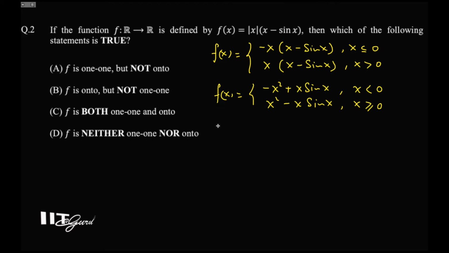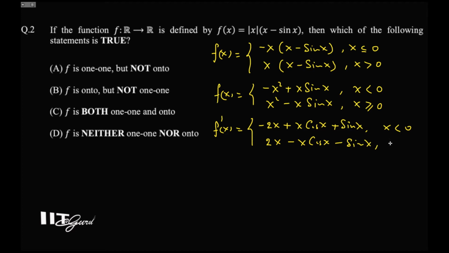So if you find f dash x, we can say minus 2x plus x times the derivative of sin x, that is cos x, plus sin x, for x less than 0. And 2x minus x cos x minus sin x for x greater or equal to 0.